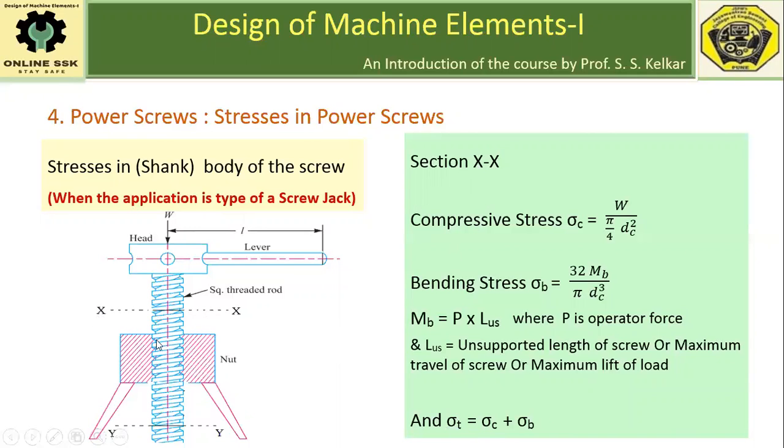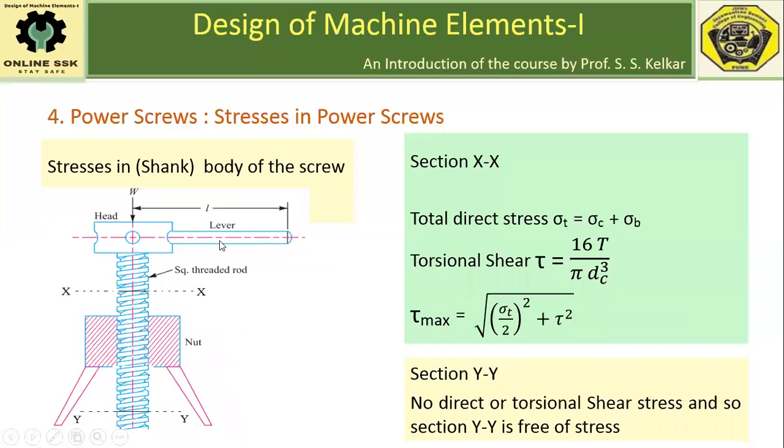Sigma T is the total direct stress inside section XX, and it will be the summation of the compressive stress and the bending stress. Now the operator will apply torque, and due to this torque there will be torsion of the screw and torsional shear stress, which will be given by 16T upon pi dc cube.